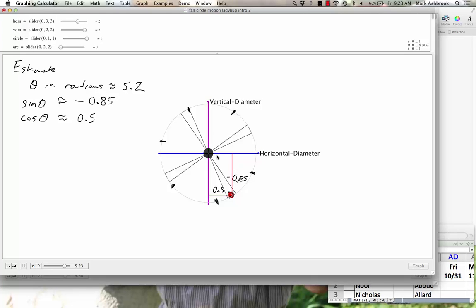You're saying go over 0.5 like this, and then go down negative 0.85 to get to this point. Those are coordinates, so we're really finding this ordered pair. What's the x-coordinate? 0.5. Y-coordinate? So this is another way to think of cosine and sine.